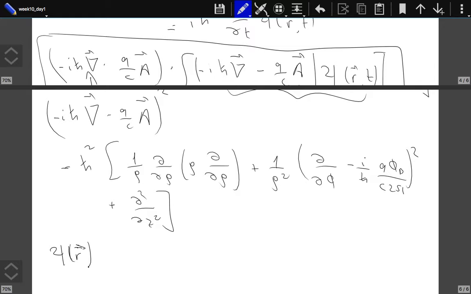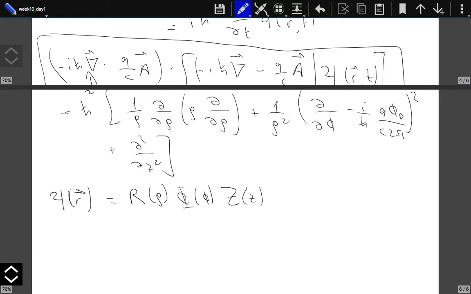We will be trying to determine the energy eigenvalue, so we will be trying to solve the time-independent Schrödinger equation. And the wave function, I will assume that it has this form: a part that depends only on rho, another part that depends only on the phi coordinate, and a third part that depends only on the z coordinate. I will be looking for solutions of this form.